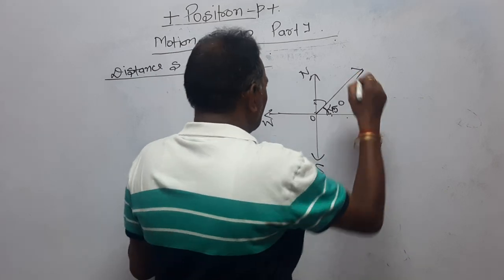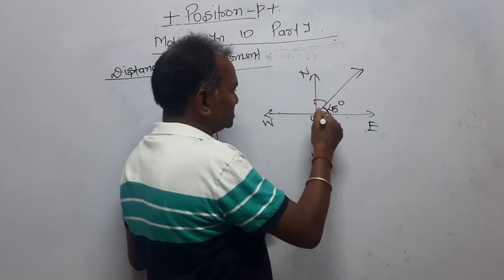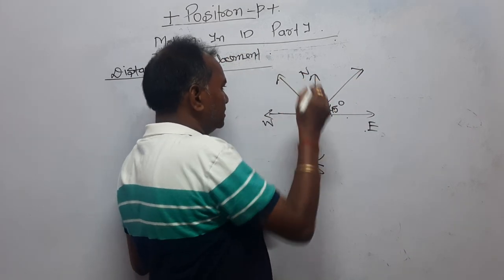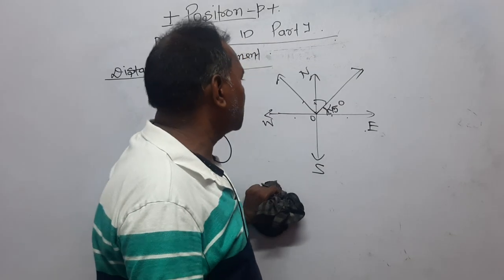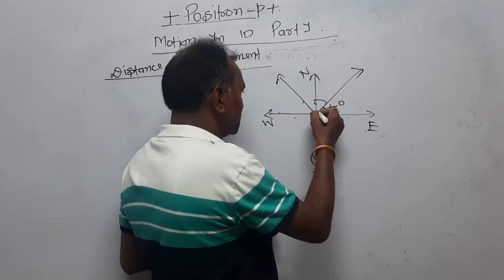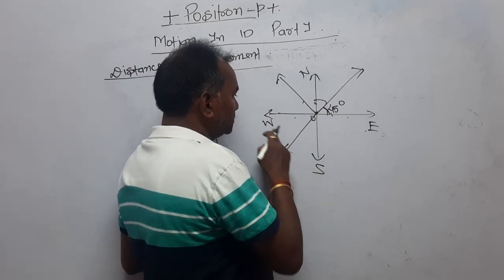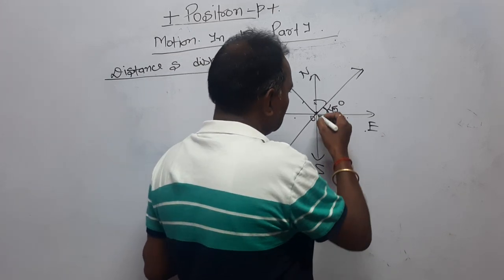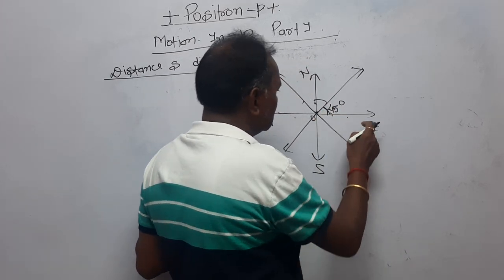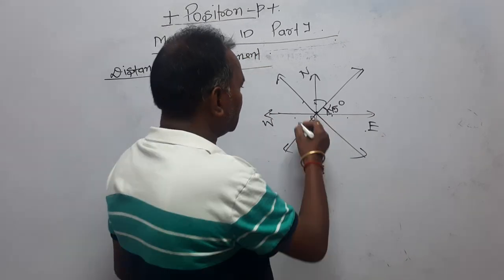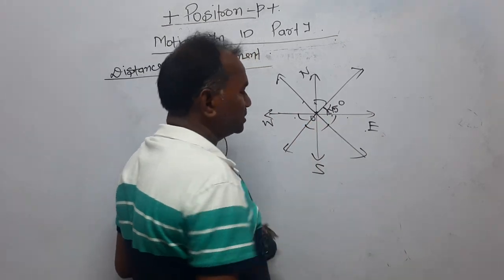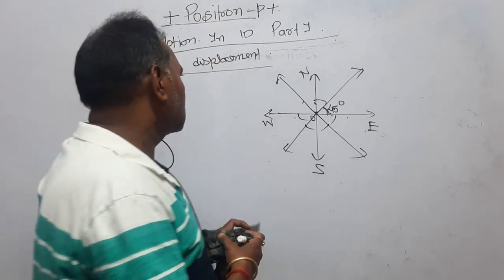If it is northwest, this is 45 degree from west or from north. This is southwest, and this is southeast, 45 degree. These all are angles of 45 degree, right?